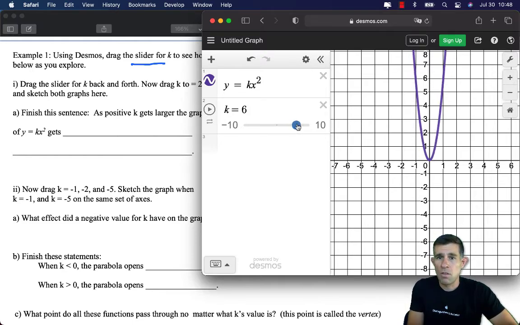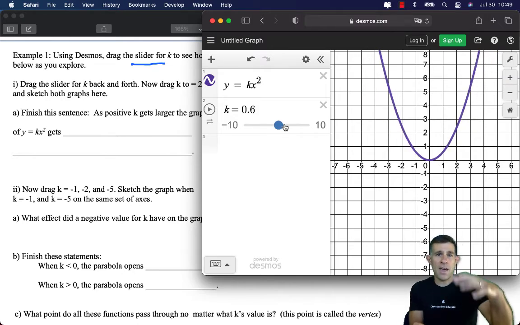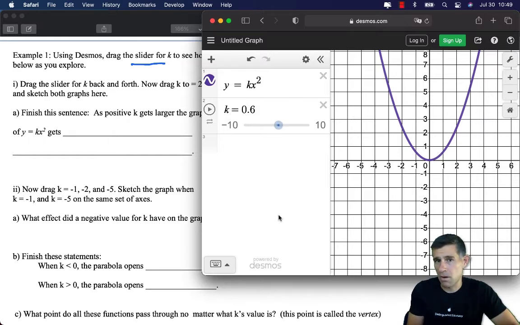If I go all the way up here to 10, you can see it continues to get skinnier and skinnier. All right, I'm going to widen this now by looking at values between 1 and 0. I'm still staying positive, but as I go between 0 and 1, I have a much wider parabola. So it's kind of like a flattening or a fattening of that parabola.